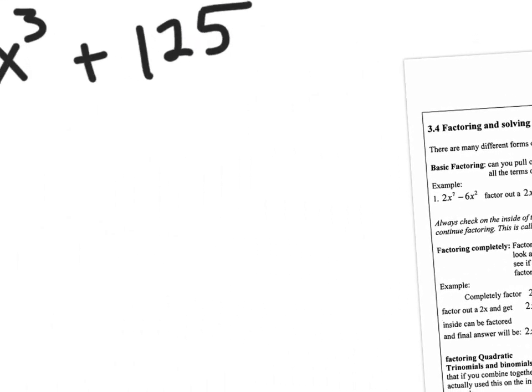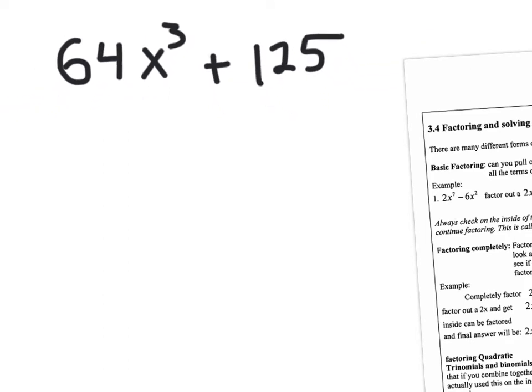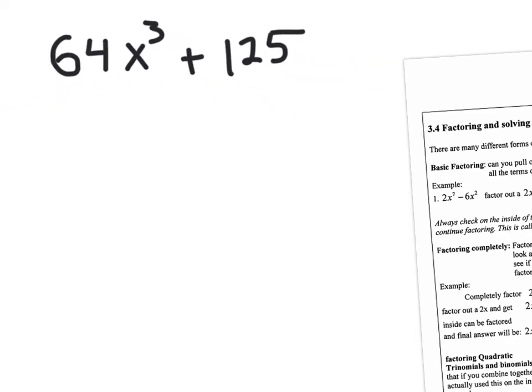Let me bring this over. Okay? So this is a binomial, and what we need to be able to do on our own is identify that this is an actual perfect cube term, and this is also a perfect cube term. Now, what if it wasn't a perfect cube term? Then you would not be able to apply the sum of two cubes formula, right?